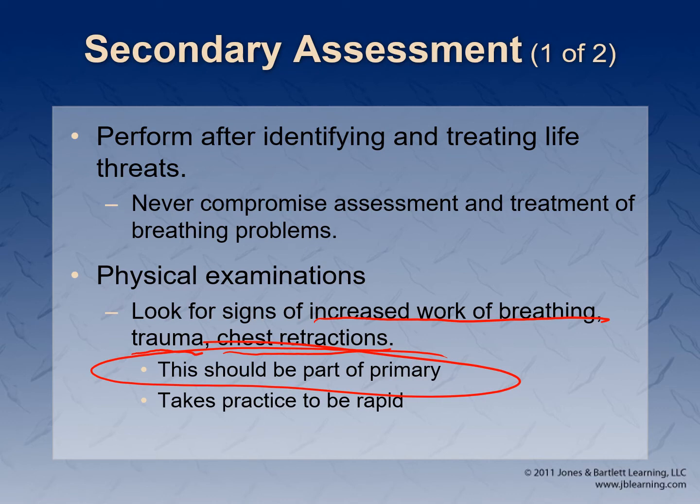I had to add this bit because I take issue with JBL putting this in here as a secondary. If it's pronounced or clinically significant, you need to have seen that before you get to this stage of the game. To me, that's a failed breathing assessment if it takes you until right now to figure out your patient's got increased work of breathing.